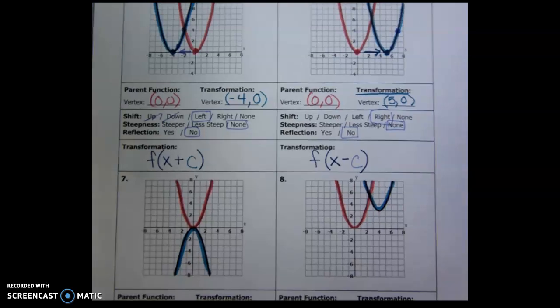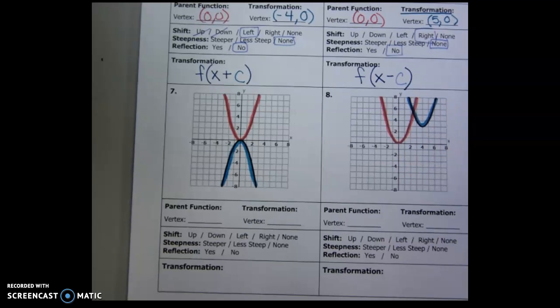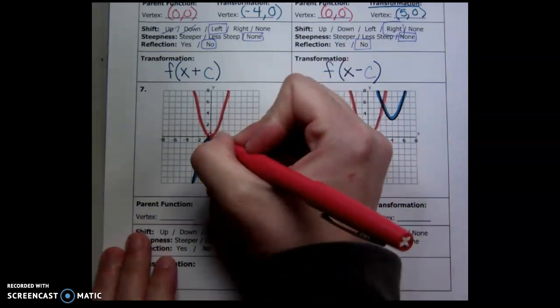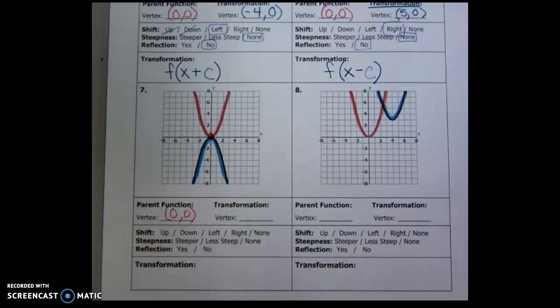Alright, now number 7. Okay, parent function is still the red one. Transformation is the blue one. Still 0, 0. Transformation vertex. Now, again, the transformation vertex is where the y values start changing.